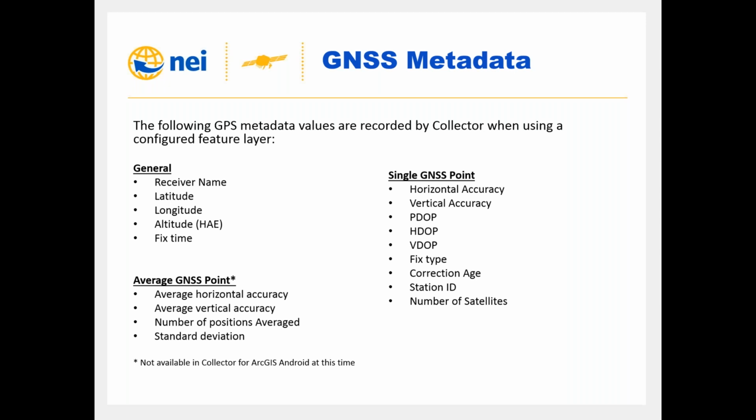That's why I have that little asterisk there. If you do log data, and right now you're only going to be able to log a single GNSS point, it'll log all the metadata that you see underneath those bullet points. Whenever average GNSS becomes available, you'll see that it'll log the general stuff and only the stuff under that bullet point.